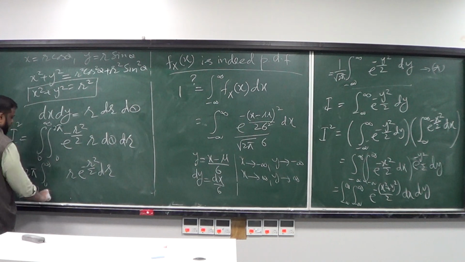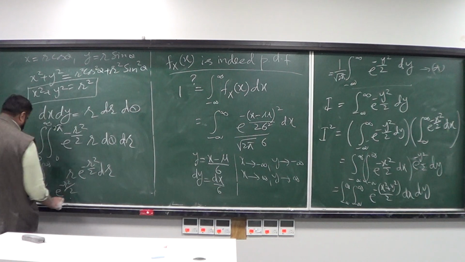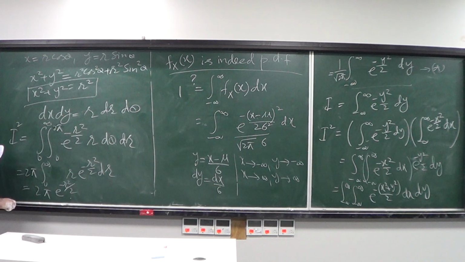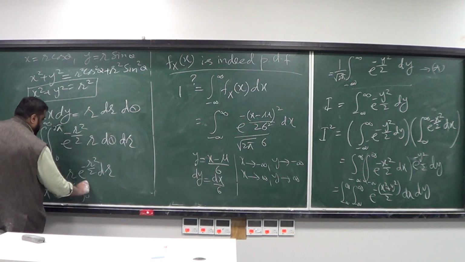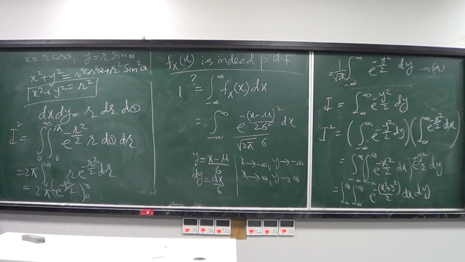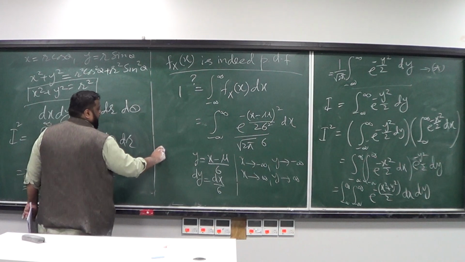So you're gonna get 2 pi times e to the minus r square by 2. ठीक है. E to the यहाँ minus भी आएगी 0 to infinity. ठीक है जी. So 2 pi e to the minus infinity, substitute infinity, you're gonna have e to the minus infinity, और e to the minus infinity क्या है?